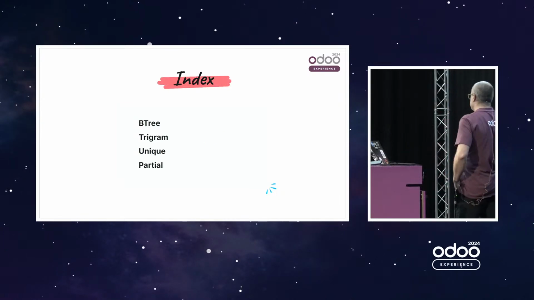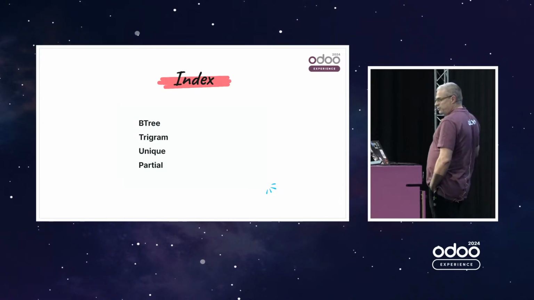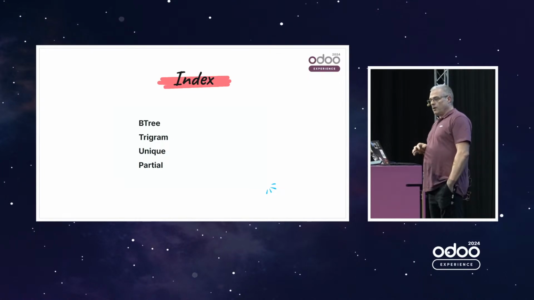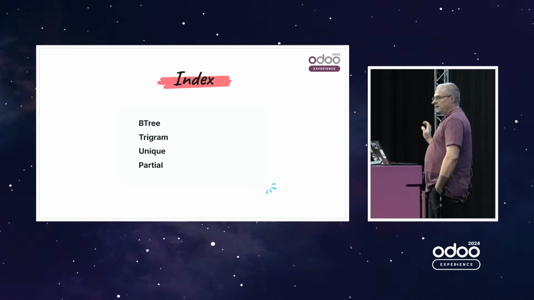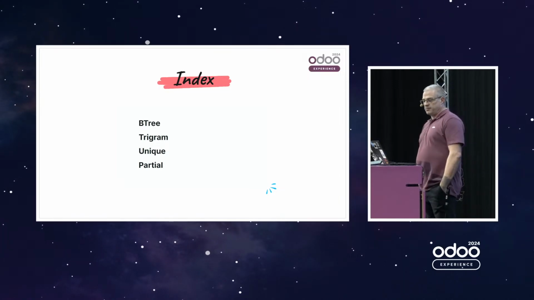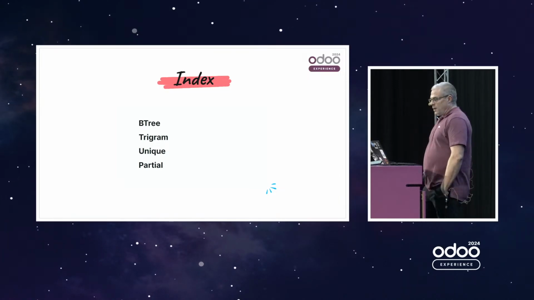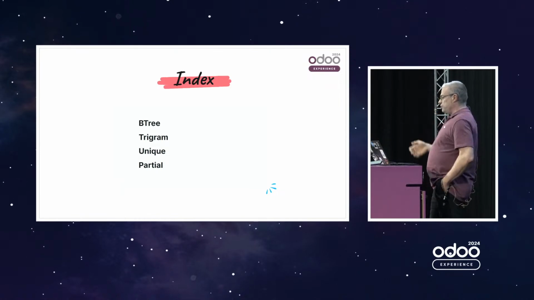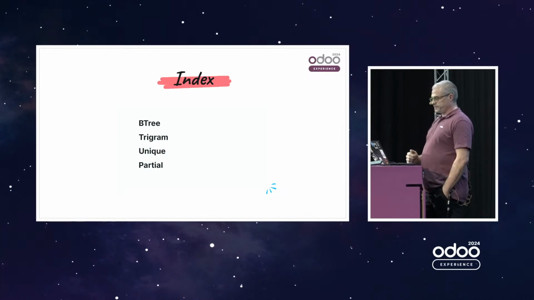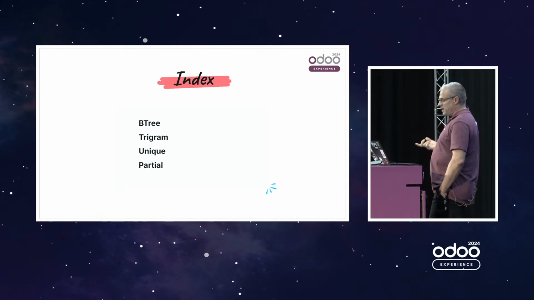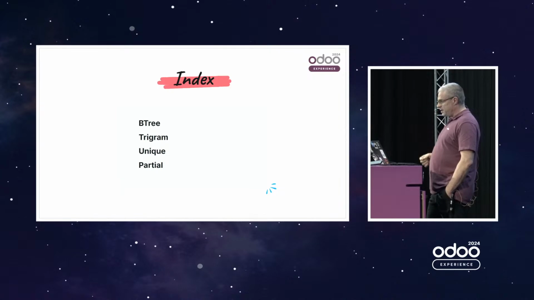In the Odoo ecosystem on the database level, we also use indexes. We use B-tree indexes. The B-tree indexes are the most basic index you can find in the database world. If in any database you create an index, there is a great chance that it's a B-tree index. We also use trigram indexes. What is a trigram index?